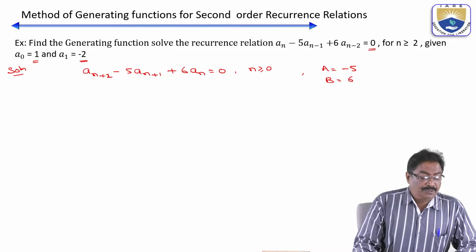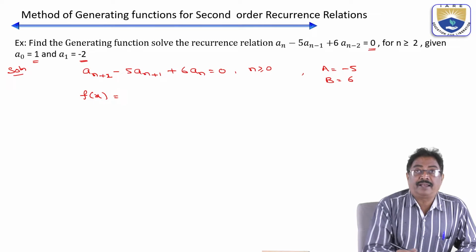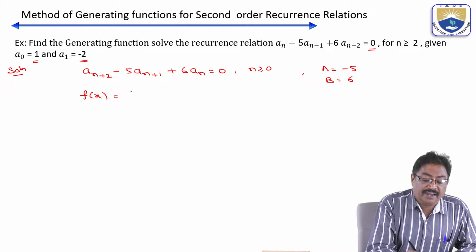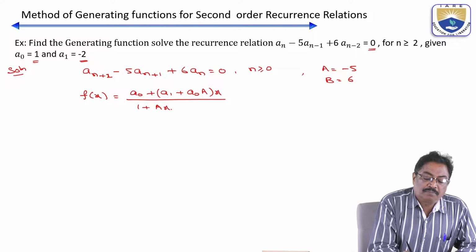Now, what is f of x? The generating function for the generalized recurrence relation is (a0 plus (a1 plus A a0) x) divided by (1 plus Ax plus Bx square).